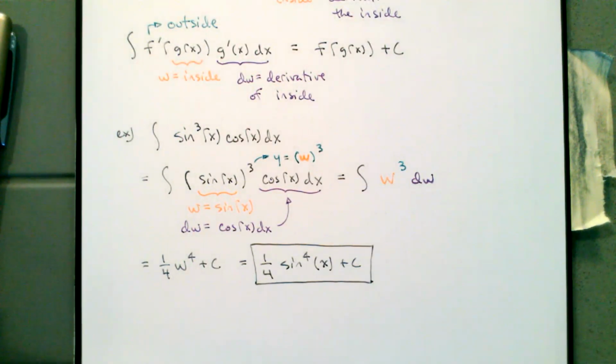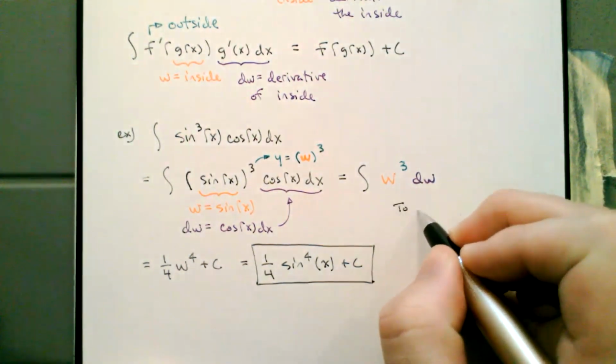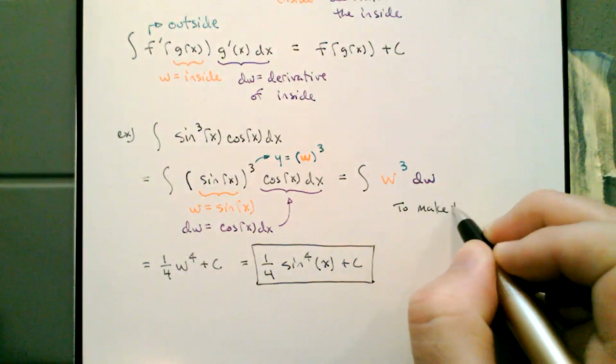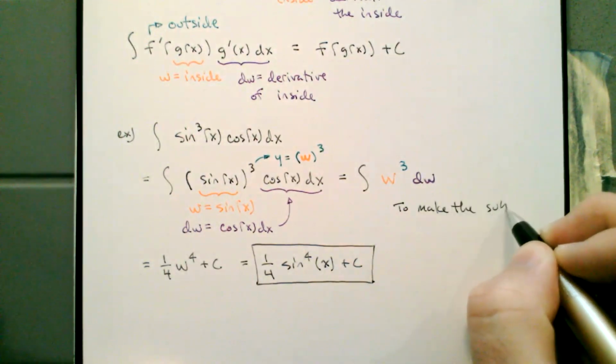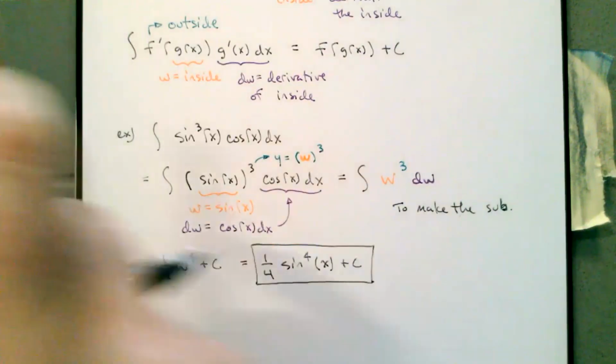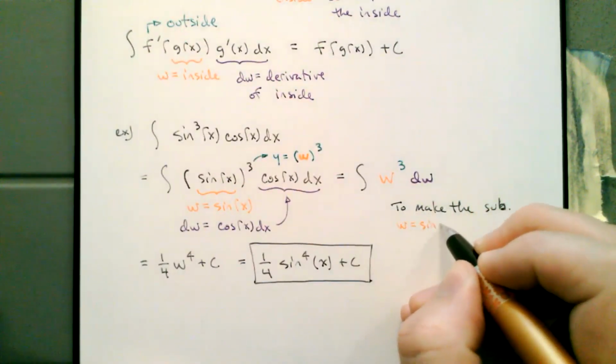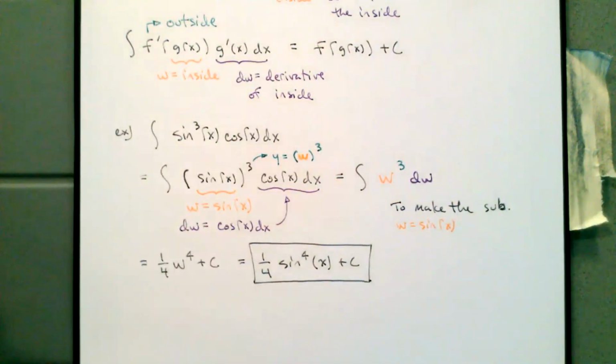So to make the substitution w equals sine x, we need to make sure that we have a dw.